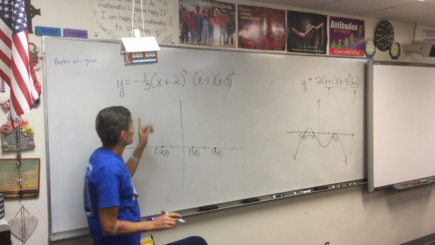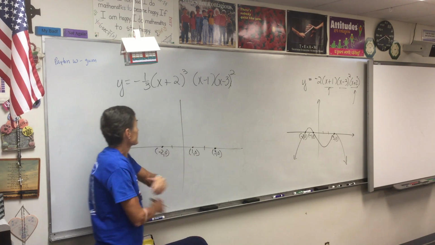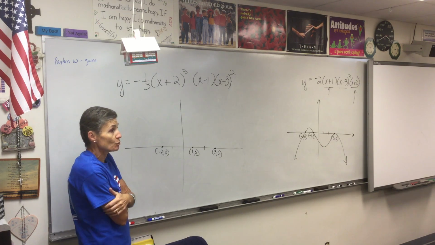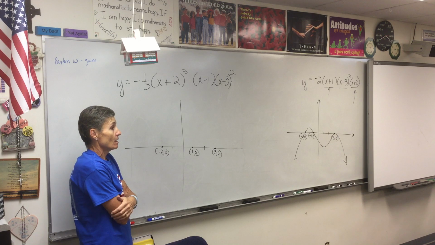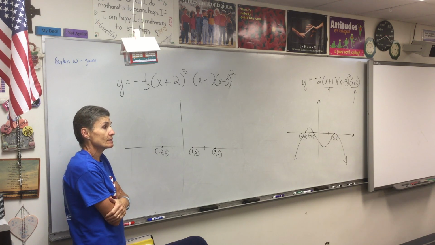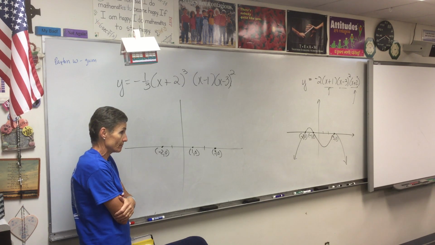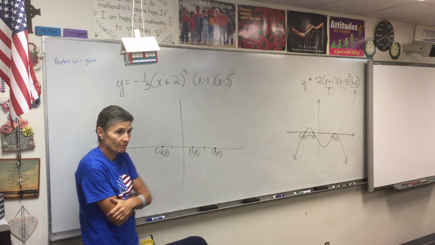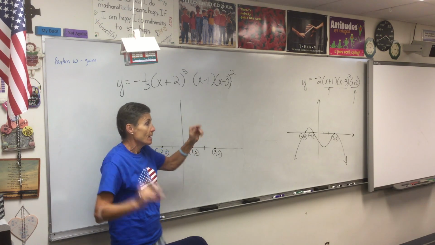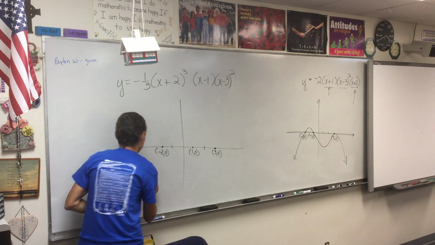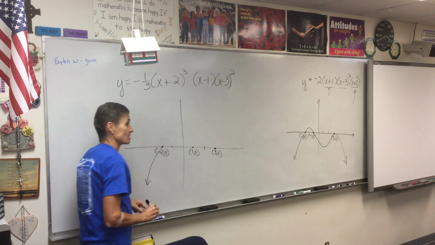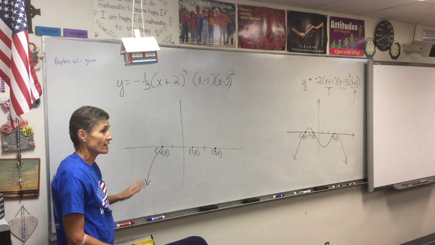By degree, I mean if you multiplied it out, what is the power that you would have on your x? X to the 6th. That's even. How do evens behave? Start up, end up. It's got a negative in front of it, so this one's going to start down. That gets me started. Now I know where I start.